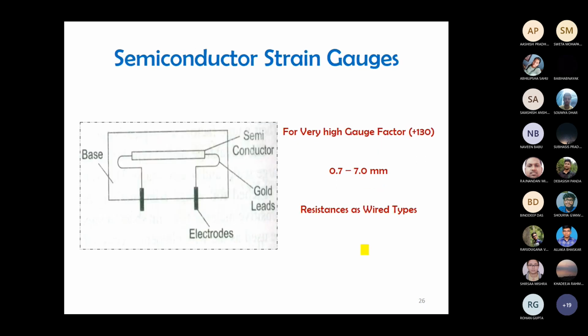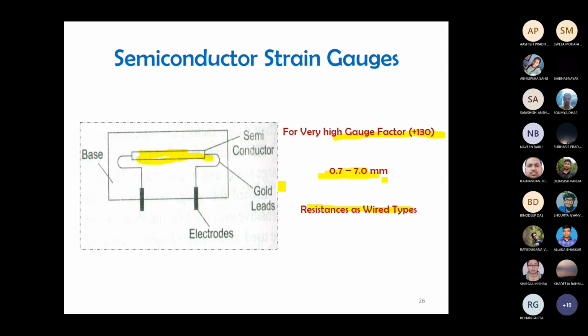Semiconductor strain gauge has a very high gauge factor, nearer to 130, and the range is 0.7 to 7.0 mm. In a semiconductor strain gauge, you are using semiconductor material instead of conventional resistance.